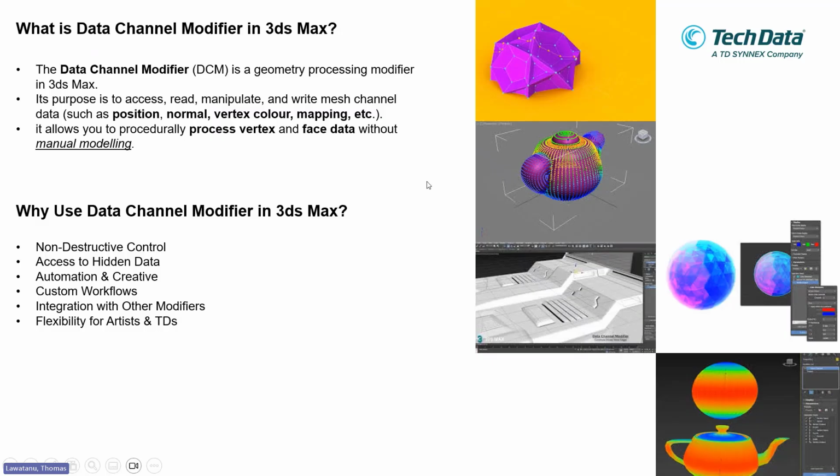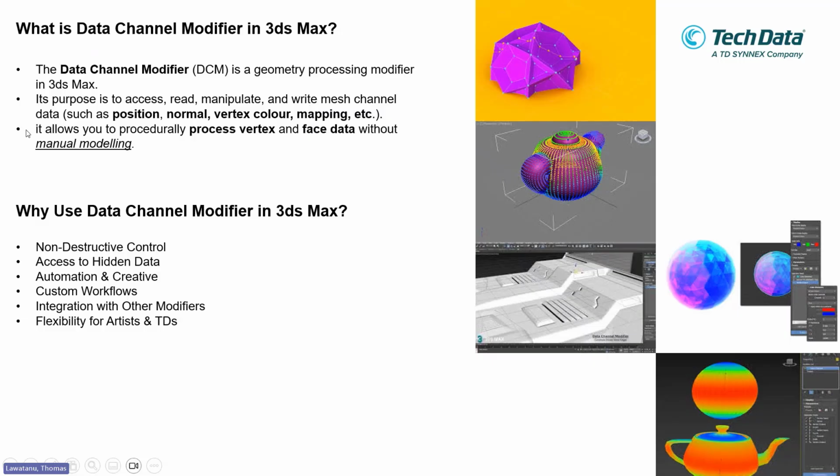So we enter the main topic: the Data Channel modifier in 3ds Max. We need to understand the Data Channel modifier, or DCM. It is a geometry processing modifier in 3ds Max. So what is the purpose of this modifier? Its function is to write mesh channel data.